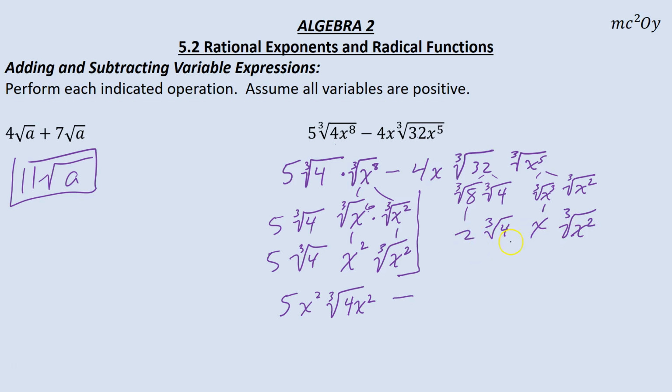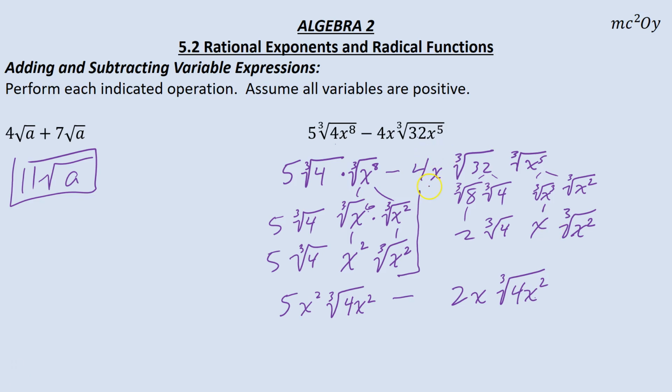So I'm left with 2x cubed root 4x squared. Convenient, since now we have a cubed root of 4x squared, cubed root of 4x squared, I have 5x squared, and this over here is 5x. And this over here, yep, got.